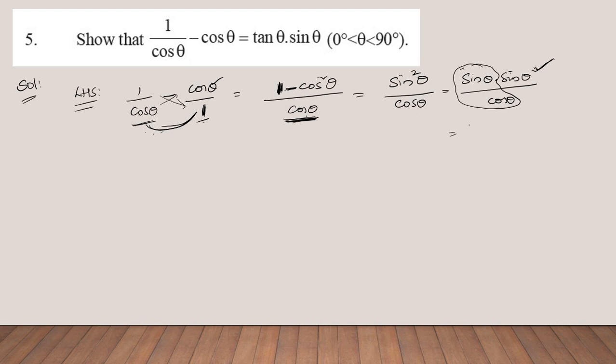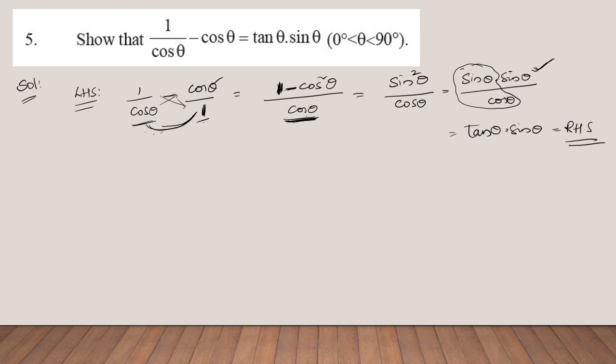So sin theta by cos theta is tan theta, into the remaining sin theta, which is nothing but my required RHS. So the answer is tan theta into sin theta. If it has plus or minus, then you need to split. Here it is not subtraction or addition, so there is no need to split.